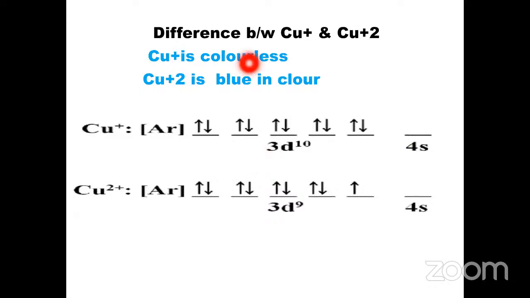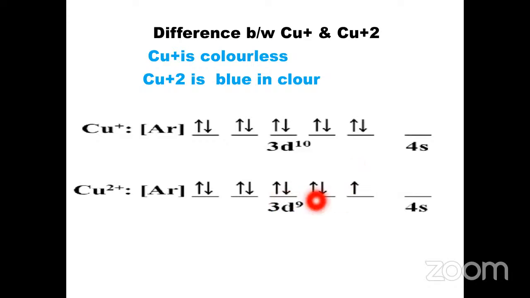Difference between Cu+ and Cu2+ ions: Cu+ is colorless, Cu2+ is blue in color. Because Cu+ has d10 configuration, and Cu2+ has d9 configuration. Copper loses 2 electrons from the 4s1 and 3d orbital, so it has one unpaired electron.